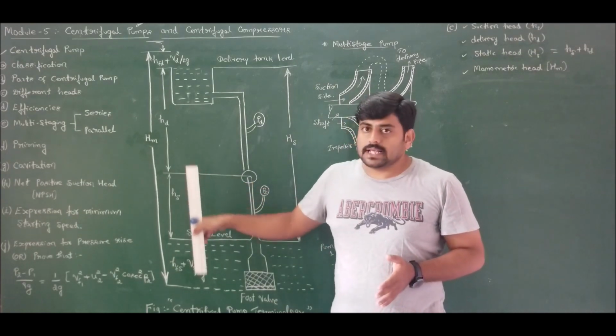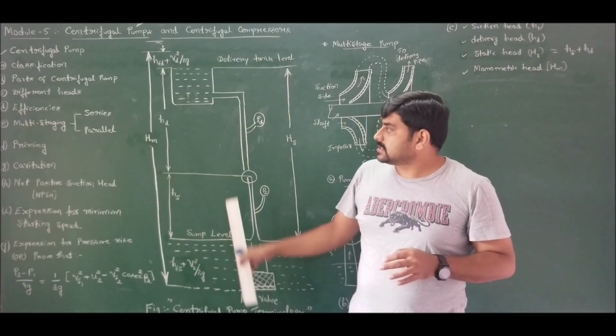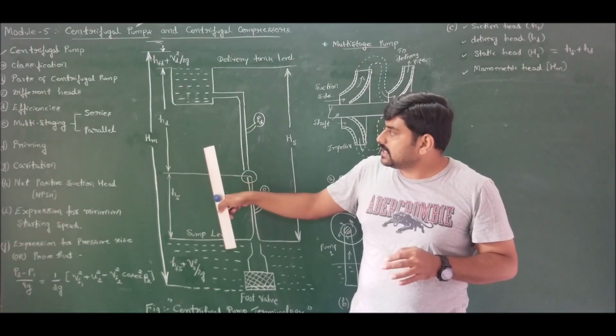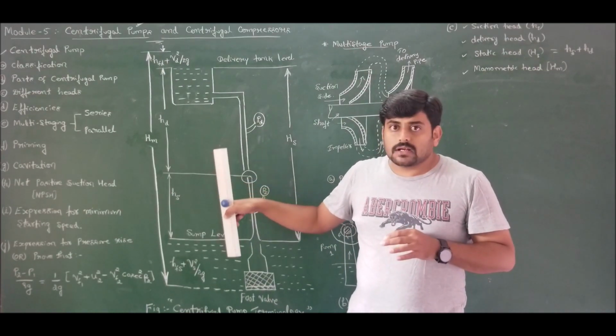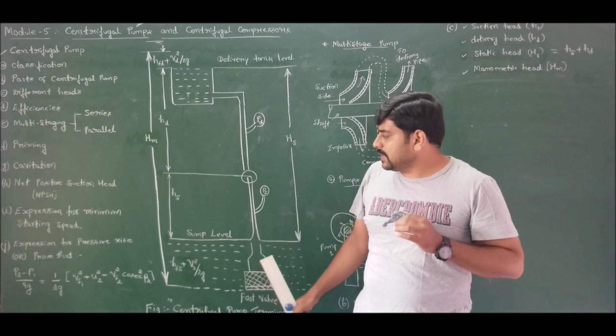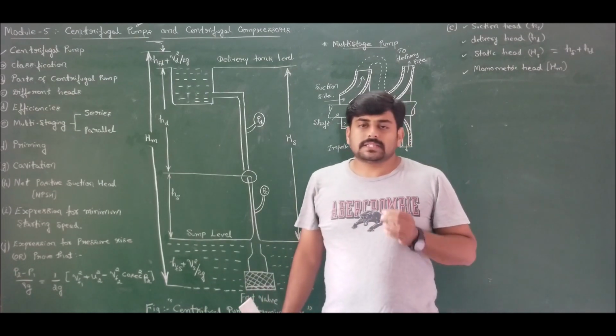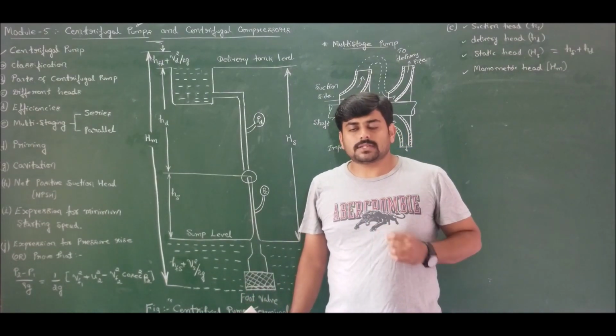Manometric head is the total head against which the pump is working, considering the losses due to friction and bending, that is minor losses as well as major losses.